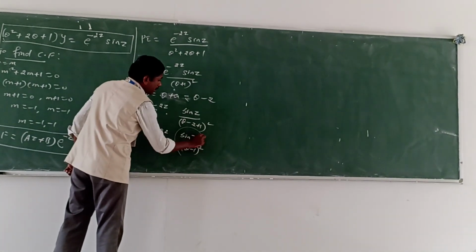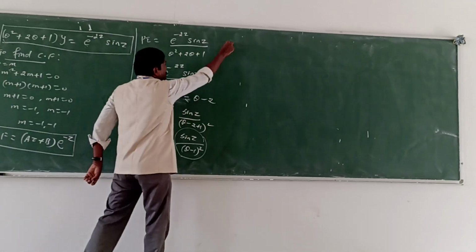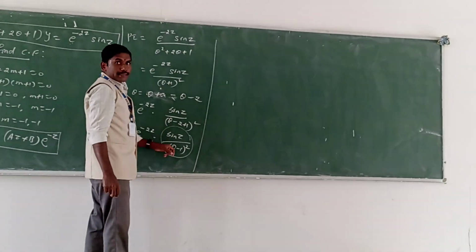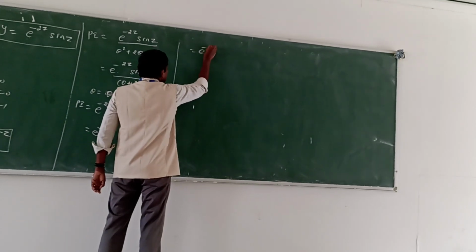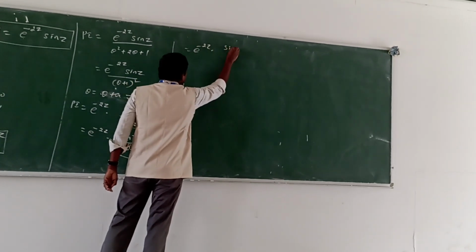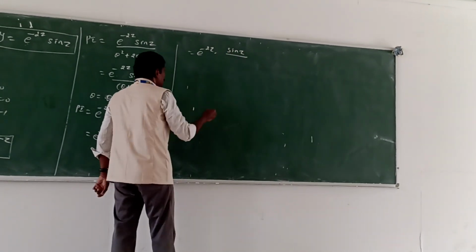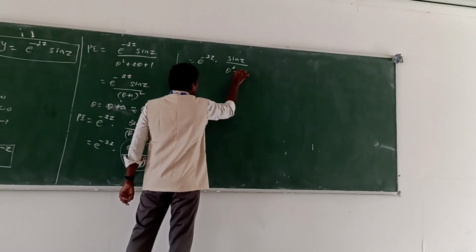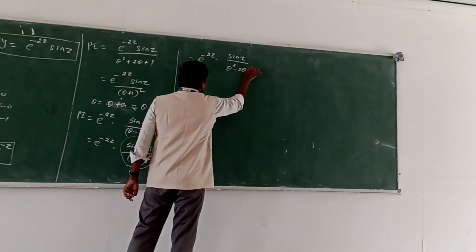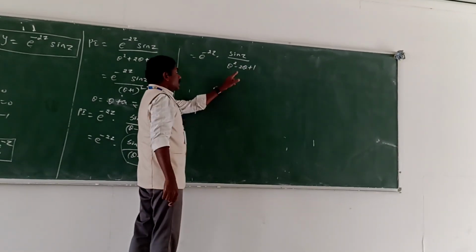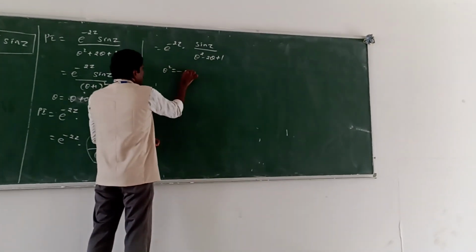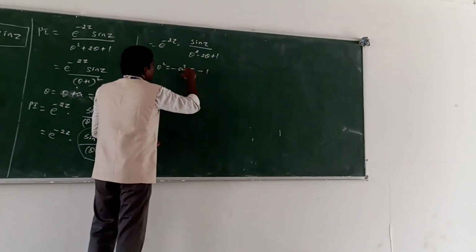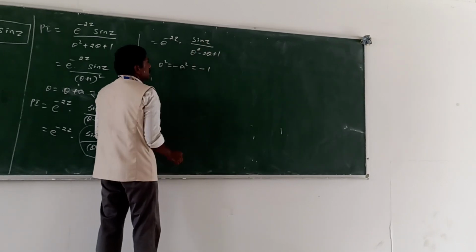So evaluate this part only. Now expand in the denominator: e power minus 2z into sin z by (theta minus 1) whole square, expansion theta square minus 2 theta plus 1. For the trigonometric function, theta square equals minus a square, here a is the coefficient of z, which is 1, so theta square equals minus 1.